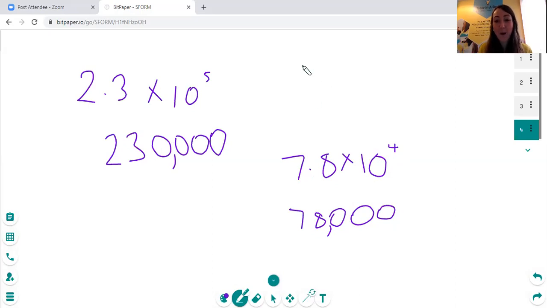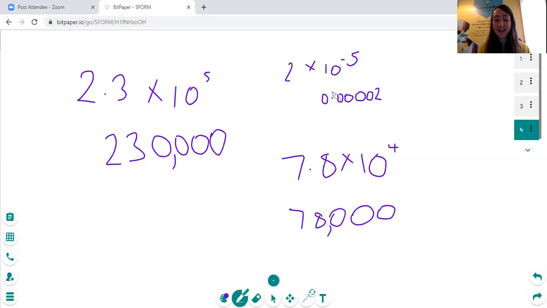Let's look at one more with a decimal. Let's write in standard form 2.1 times. Actually, let's make it a little bit easier. Let's go with 2 times 10 to the minus 5. Whoa, maths has got a bit funny there.